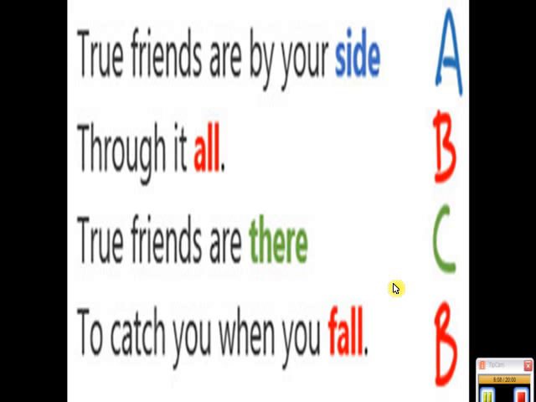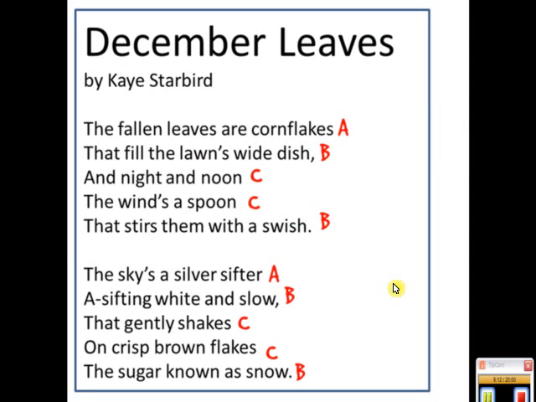So that's it for this stanza or for this poem. What if you have a poem which has two stanzas? Remember that in getting the rhyme scheme, it is per stanza. So I expect that your answer would start with letter A for each stanza.